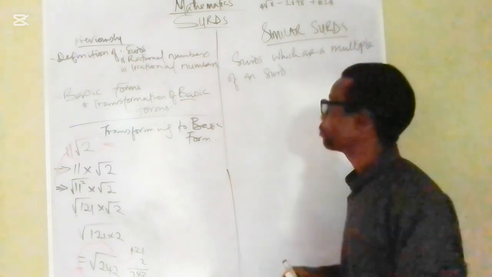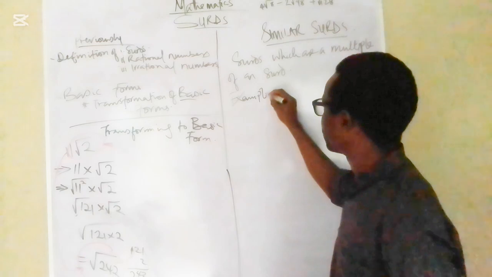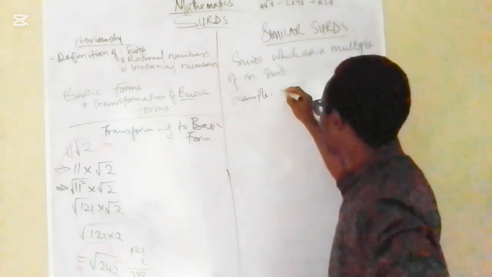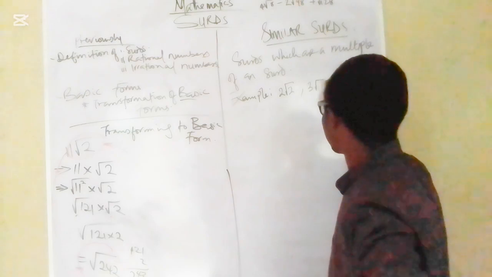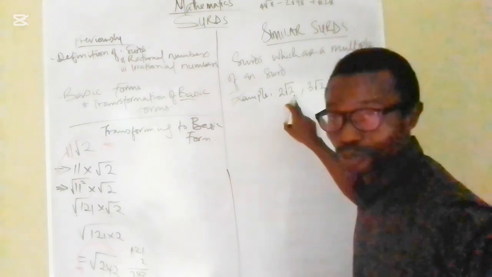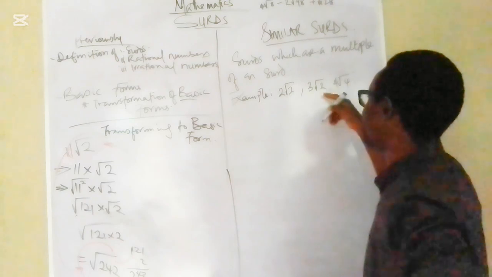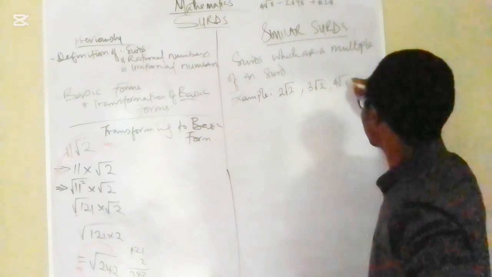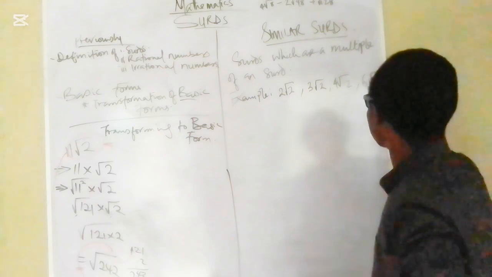For example, let me share an example. We can have 2 square root 2, 3 square root 2, 4 square root 2. It doesn't have to follow a sequence. It can be any other number, let's say 6 square root 2.